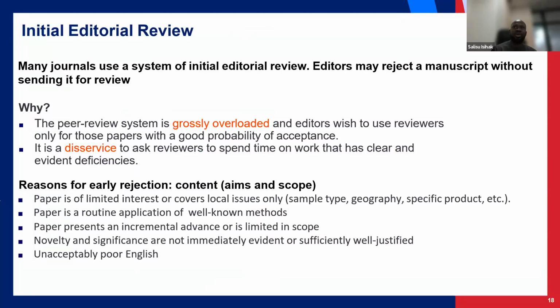Now, in the initial editorial review, many journals use this step, where I told you that the editor can easily reject the paper if the editor thinks that the paper is either not relevant to the field of the journal, or the paper is very weak in terms of argument or scope, or the paper is using a routine and well-known method with no addition to knowledge, or there is poor English. There are so many reasons the editor will outrightly reject the paper.